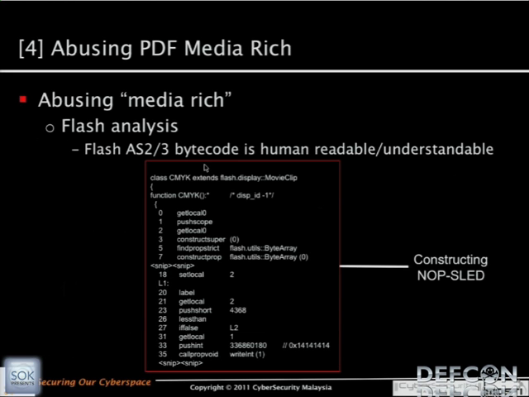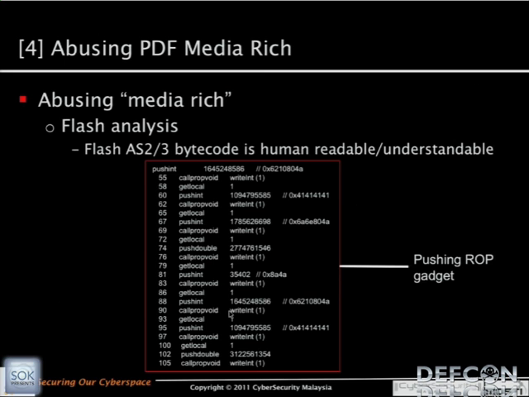And if you cannot do decompiling, you can always do some bytecode analysis here. So for example, this one is pretty much trying to construct the NOP slack for the shellcode. You can see over here that it pushes some stuff, push integer, and there is a couple of loops over here to assign the array.